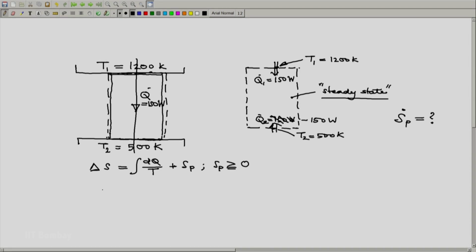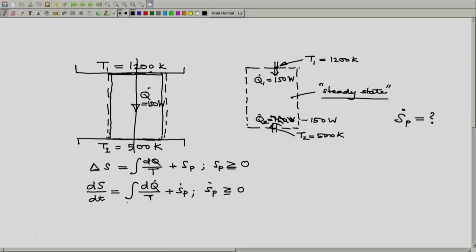Using the time variant mode, the change in entropy would become dS by dt for our system. The first term on the right hand side would become integral dQ dot by T plus S dot p with the condition that S dot p must be greater than or equal to 0.